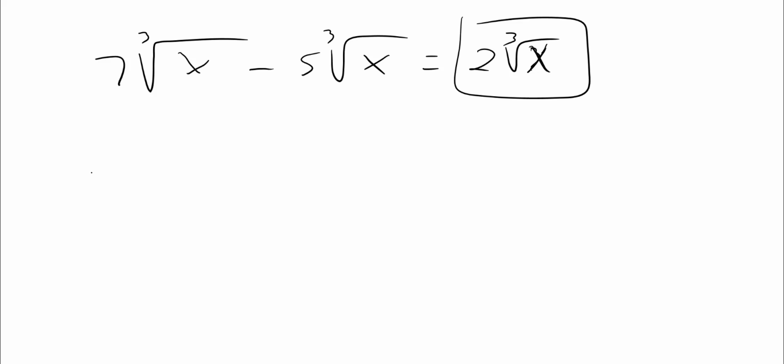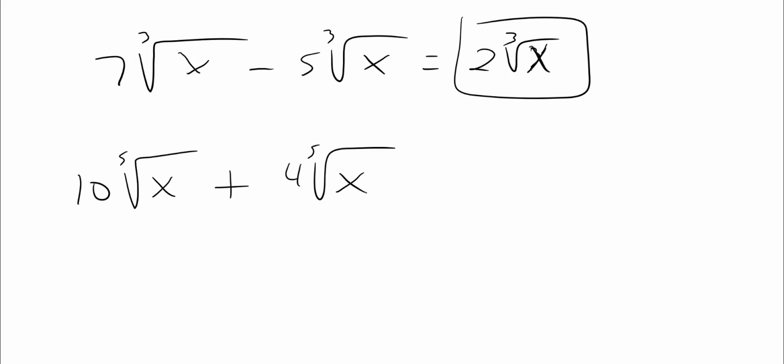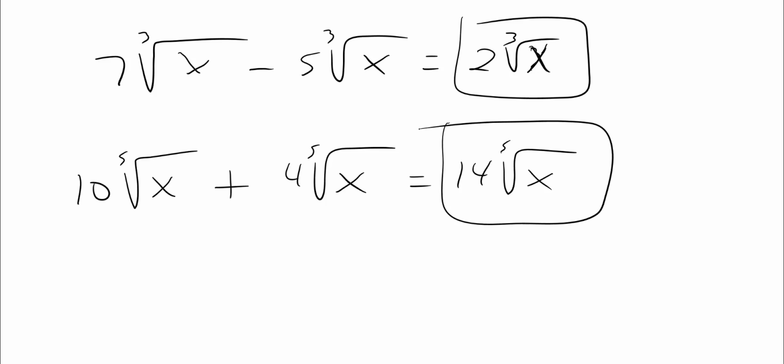So here, let me just do a quick one. 10 times the 5th root of x plus 4 times the 5th root of x. Okay, same thing. So 10 of those and 4 of those is 14 times the 5th root of x. That's your answer. Okay, if you have a number and a variable together, again, we've done this already, numbers and variables.